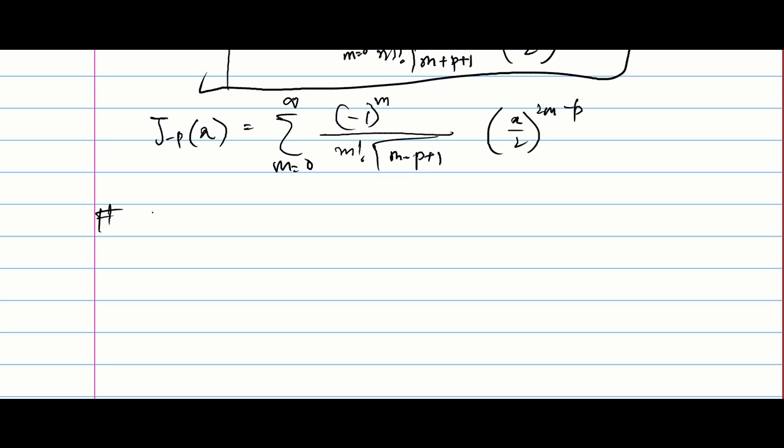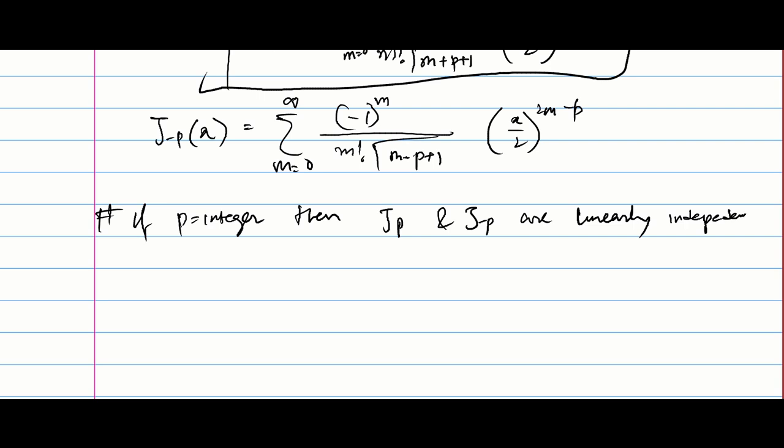So, if p is an integer, then Jp and J minus p are linearly independent solutions.